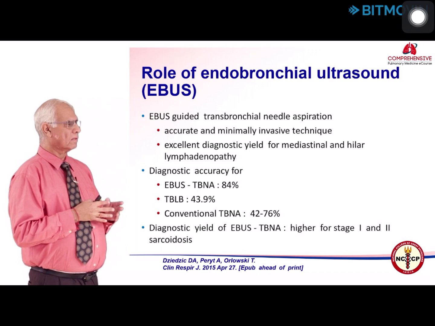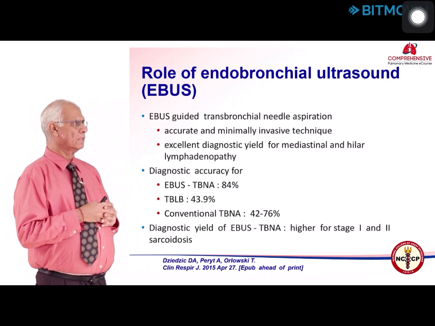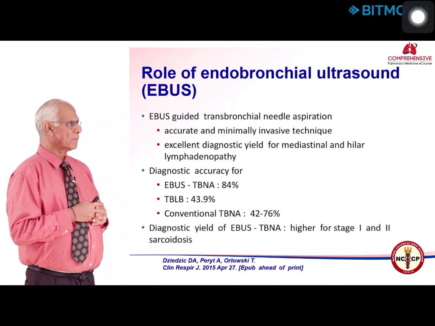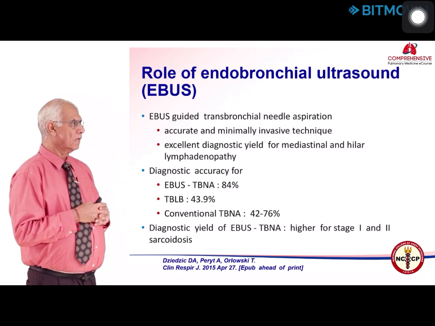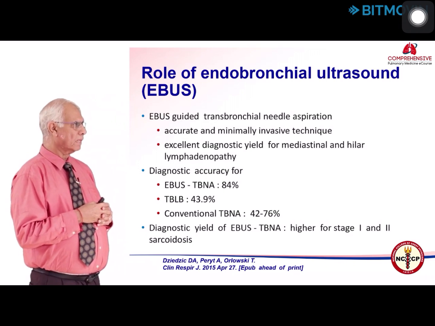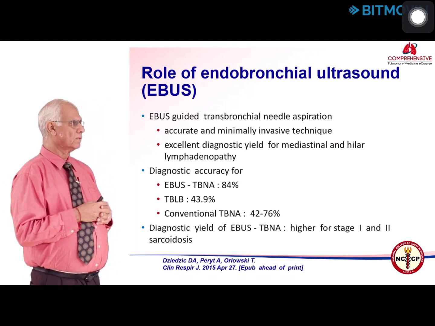And I think sarcoidosis is one of the most common indications of doing an EBUS. The diagnostic accuracy of EBUS-TBNA goes up to 84%. If you do a TBLB, it's 43.9%, and a conventional TBNA it goes up to 76%. So, you can see the diagnostic yield of EBUS-TBNA is higher for stage 1 and 2 sarcoidosis.